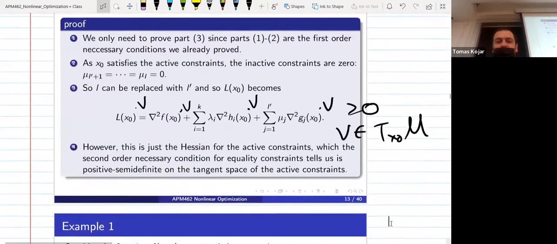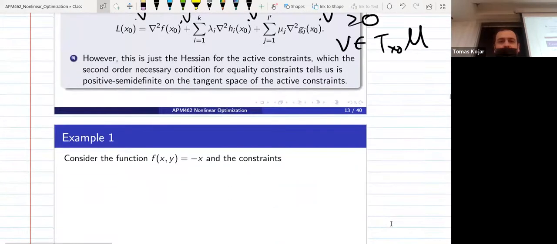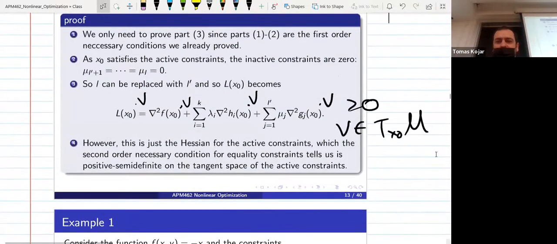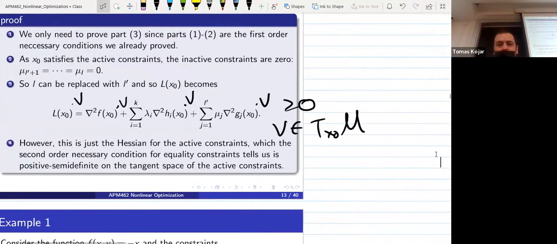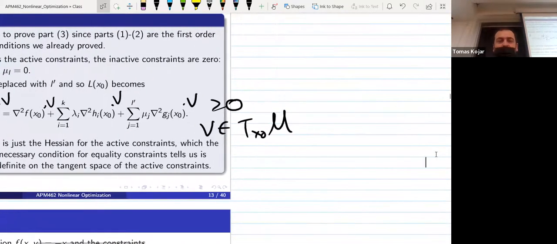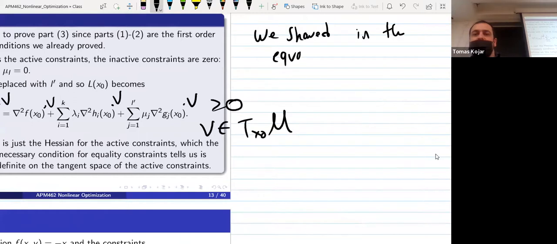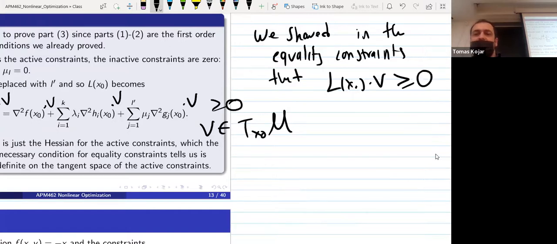So I have to find the tangent space, which we talked about. Okay, let me say it here. Remember from the result we had, we showed in the equality constraints that L of x naught dotted with V being non-negative implies x naught is a local min.